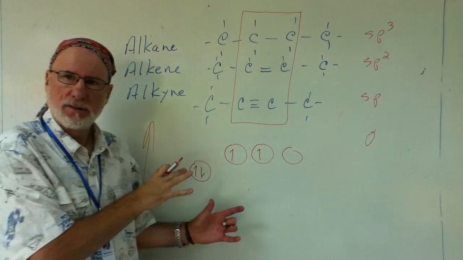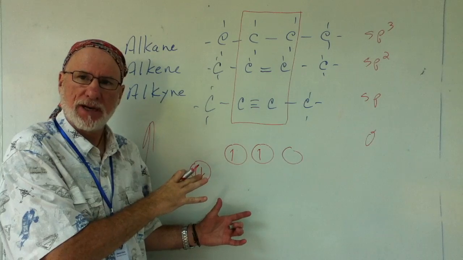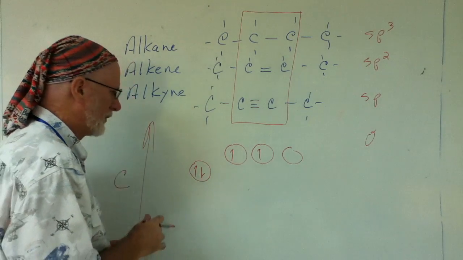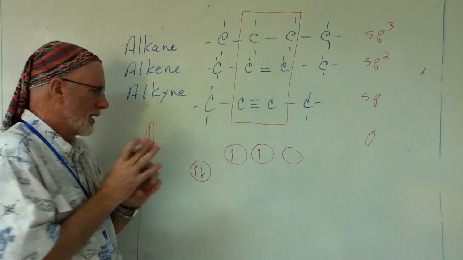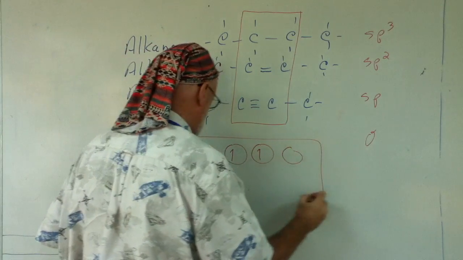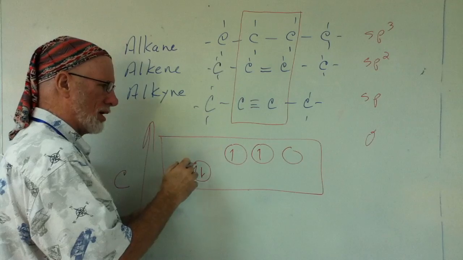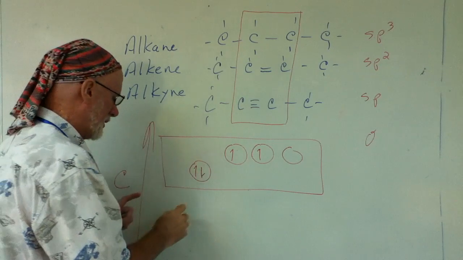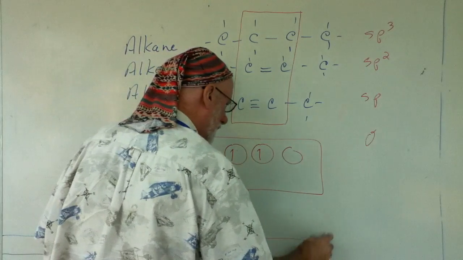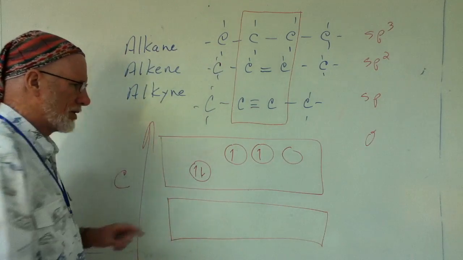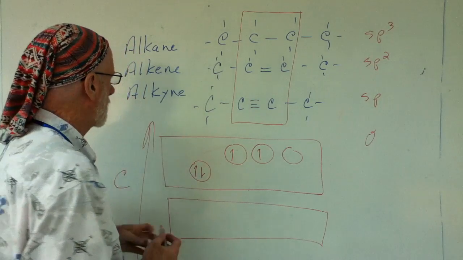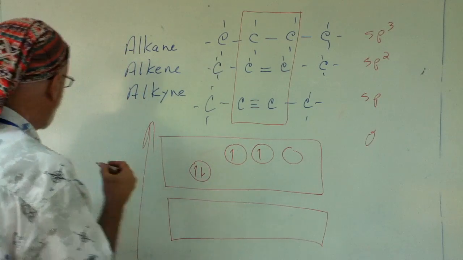Correct? That's the non-hybridized form, correct? Yes? Well, what happens is this. I'll draw sp2 up here and sp down here. So you have two types of hybridization. I'll draw it over here.